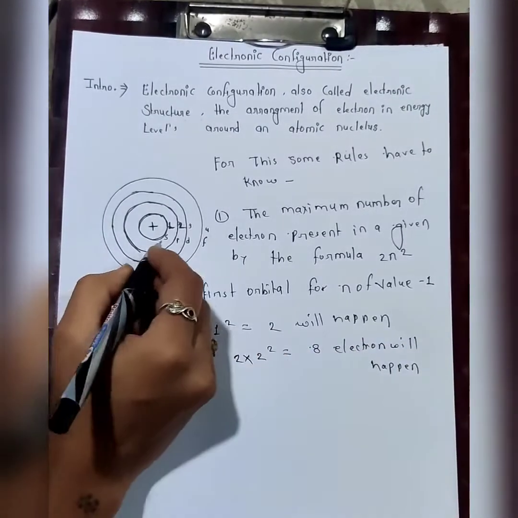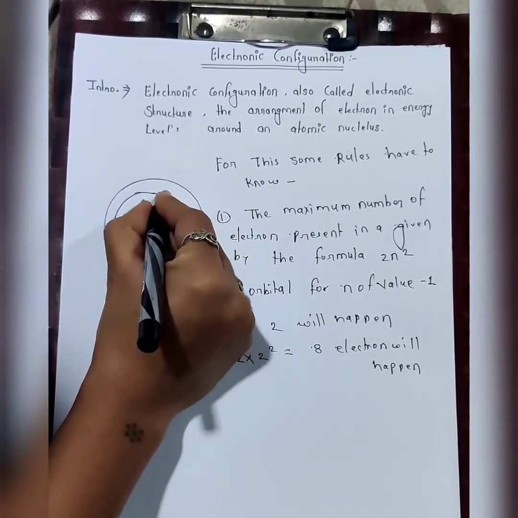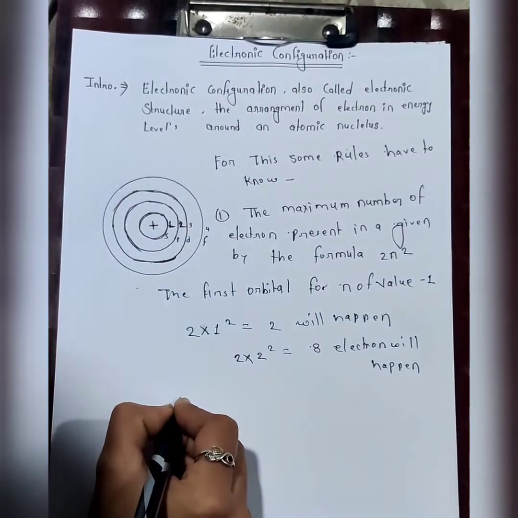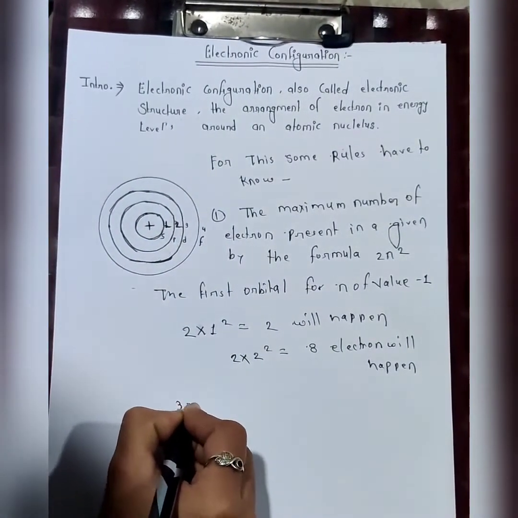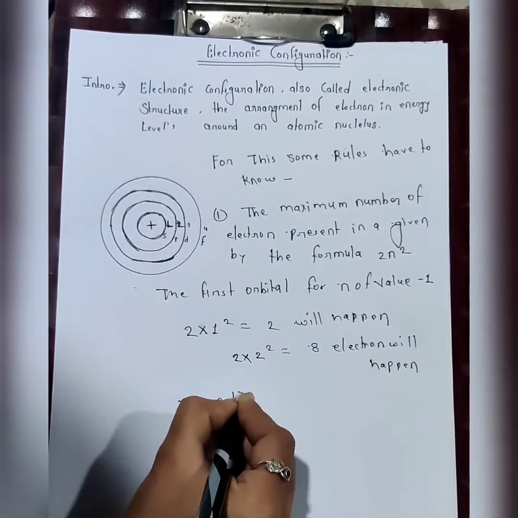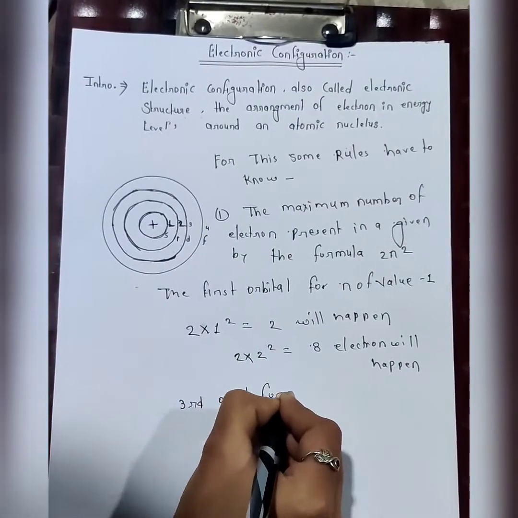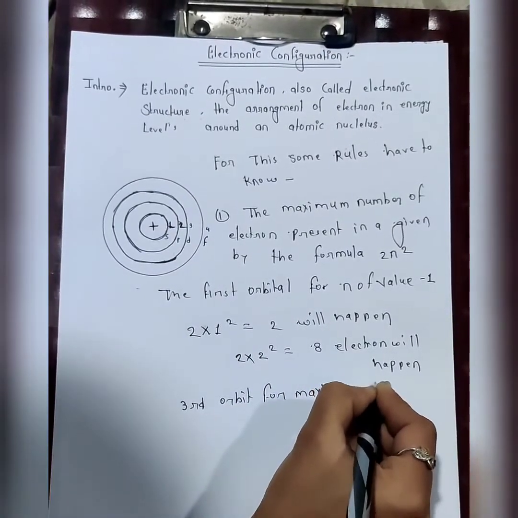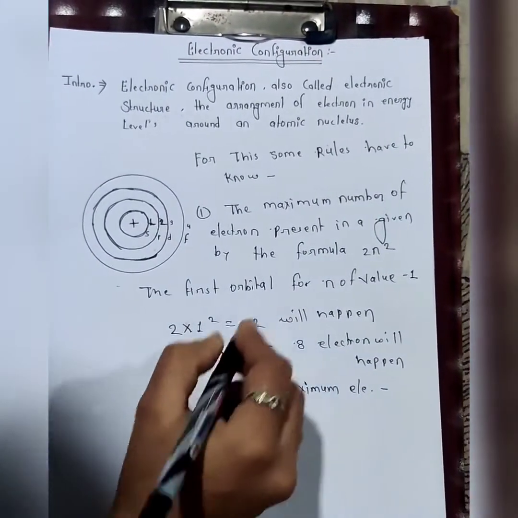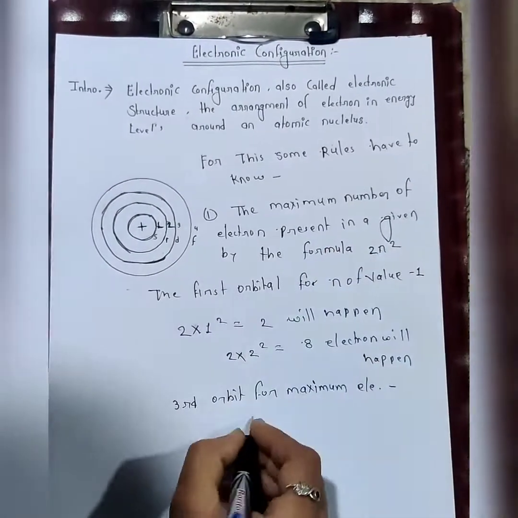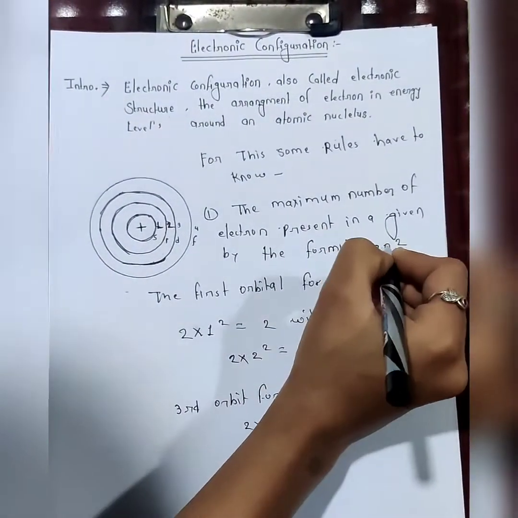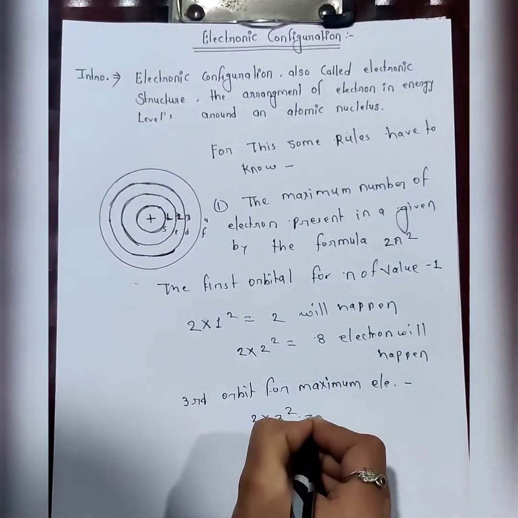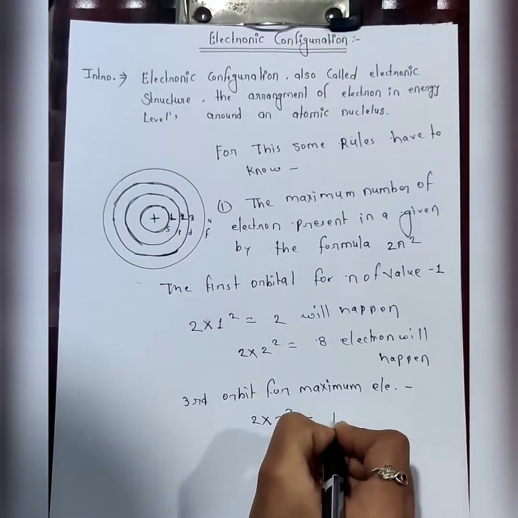And similarly, the third orbit for maximum electrons is 2 into n of value 3 square, which is equal to 18.